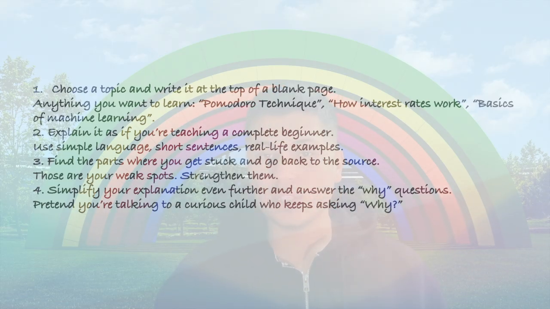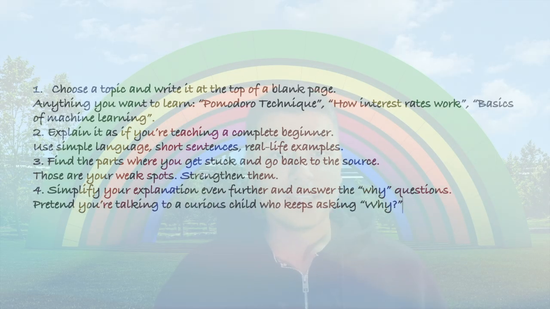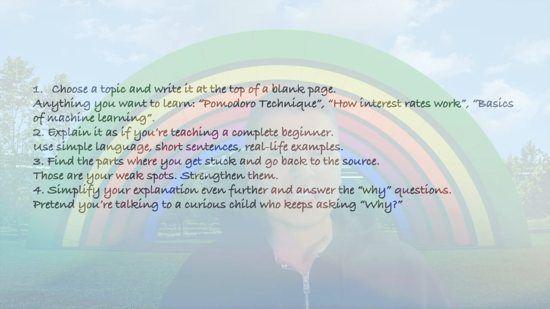Use simple language, short sentences, real life examples. 3. Find the parts where you get stuck and go back to the source. Those are your weak spots, strengthen them. 4. Simplify your explanation even further and answer the why question. Pretend you are talking to a curious child who keeps asking why.